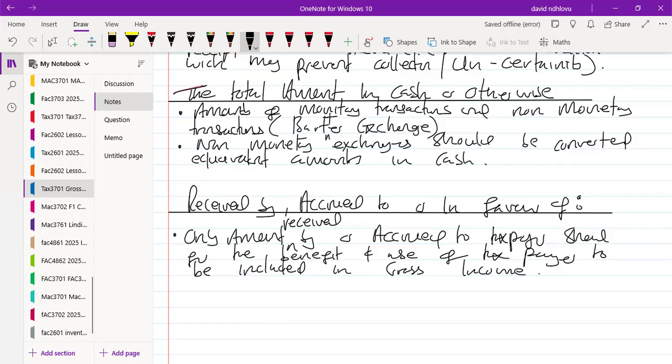Are we clear, good people? The amount must be received by or accrued to and in favor of the taxpayer for it to appear in the gross income of that taxpayer. If it is not for the benefit of the taxpayer, it's going to accumulate in the hands of someone who is the overall beneficiary. So that is how this one works.